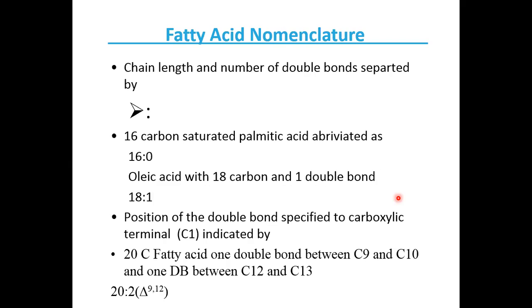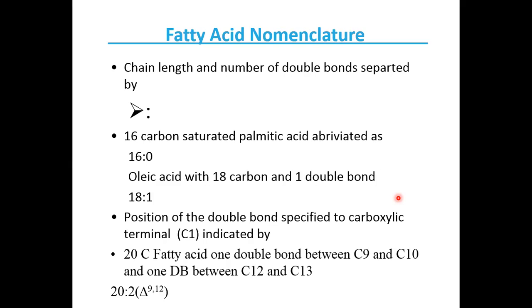Fatty acid nomenclature: chain length. We can identify the fatty acid by symbols. This symbol tells us the number of carbon atoms in this fatty acid, what the double bonds are, and where the position of the double bond is.